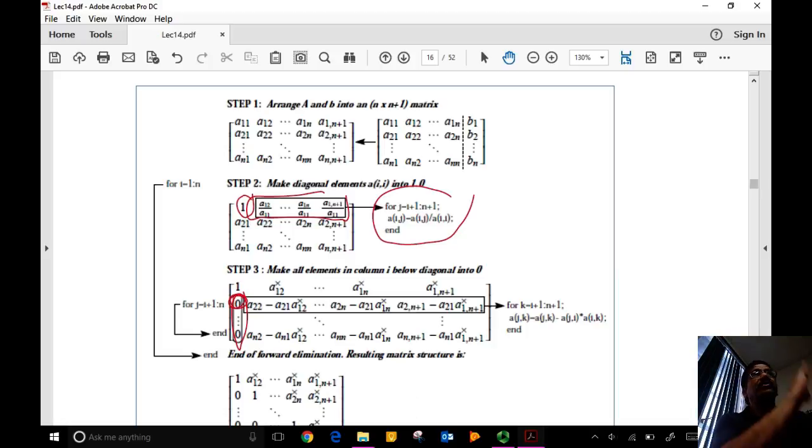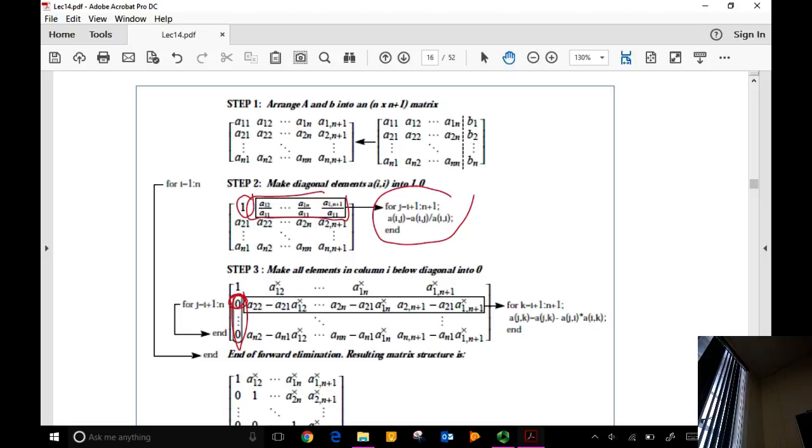I don't really actually calculate that because efficiency is important. I don't apply the operation of calculation that will make this 0. I just figure out what I need to do to make this 0, but apply it on all the other elements. So here k goes from i plus 1 to n plus 1, not 1 to n plus 1. It starts from the next one because I know already the previous one is 0.